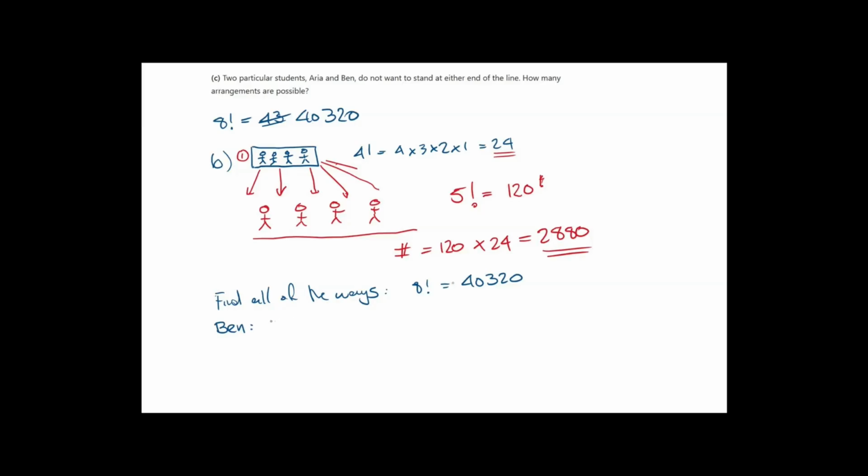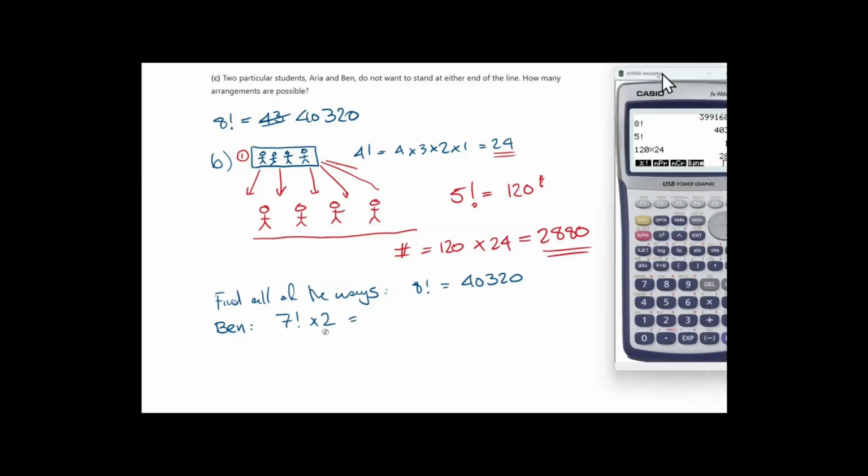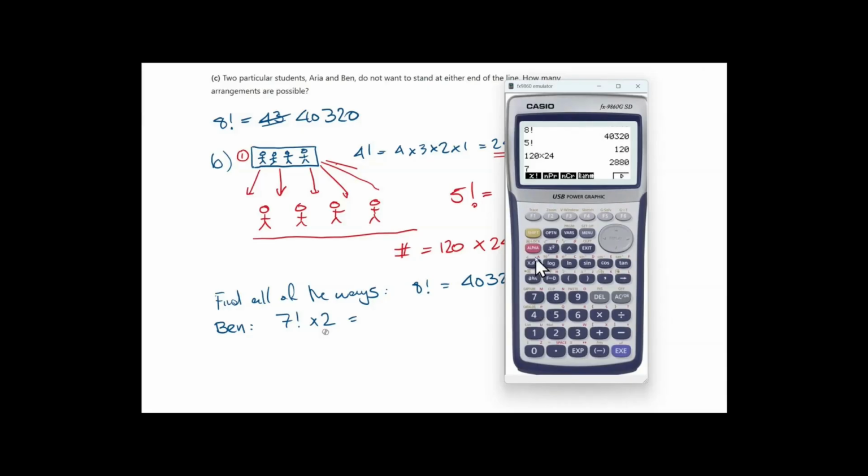Okay, now how many ways are there of Ben being at either end of the line? If we take Ben out of the equation, there are 7 factorial possible combinations, but Ben can be at one end or the other end. So we're going to say that the ways that Ben could be at the end of either of those lines is 7 factorial times 2, which is another really big number, times 2, 10,080.